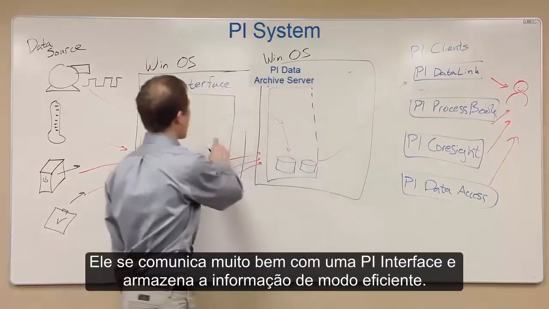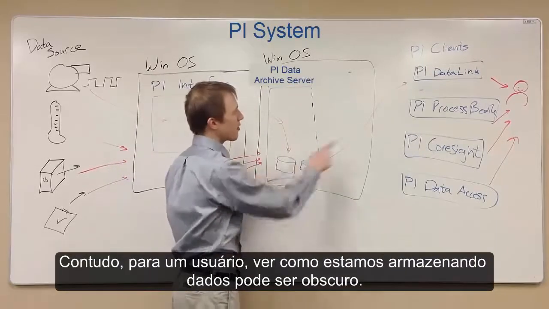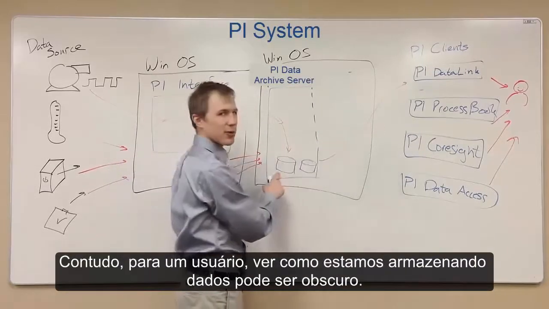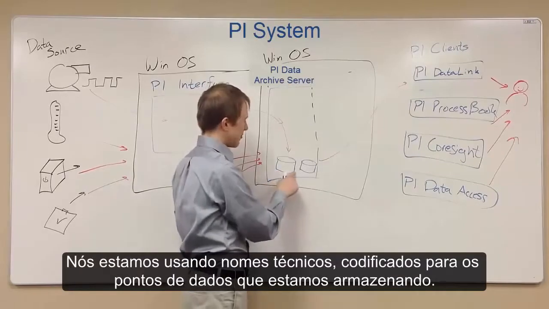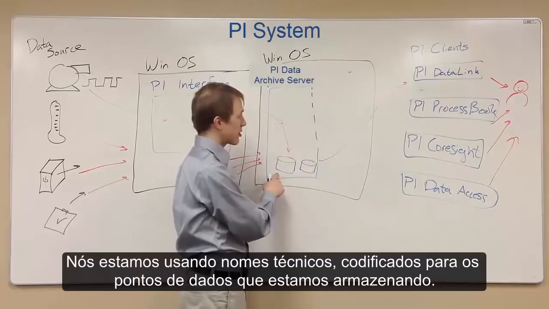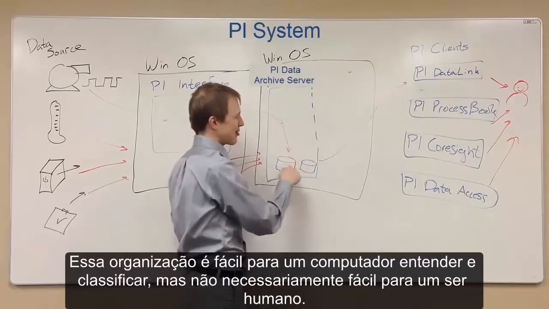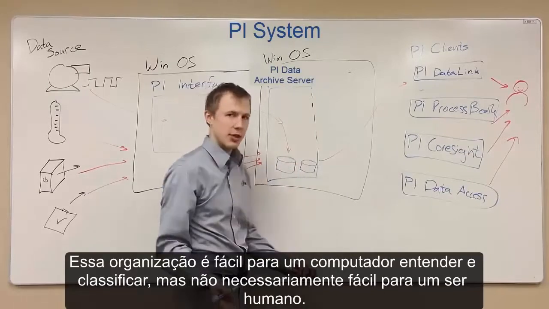It communicates very well with a Pi interface and then stores away the data very robustly. However, for a user, sometimes looking at how we're storing the data is a little obscure. We're using very technical, computer-like names for the points of data that we're storing, and the organization of it is easy for a computer to understand and sort through, but not necessarily easy for a human.